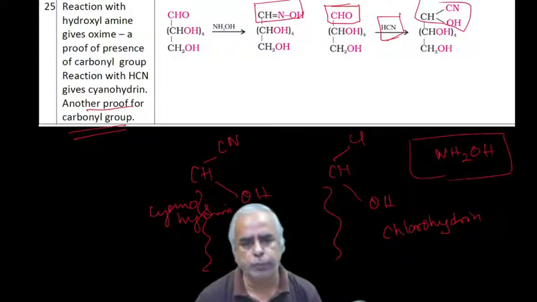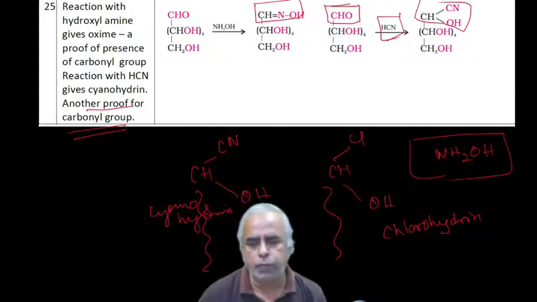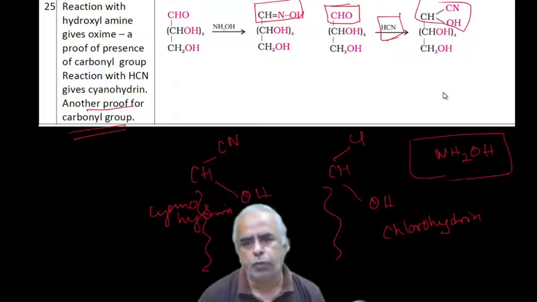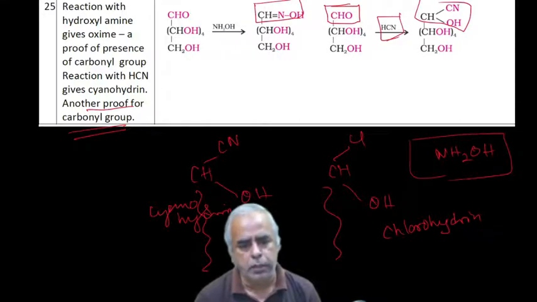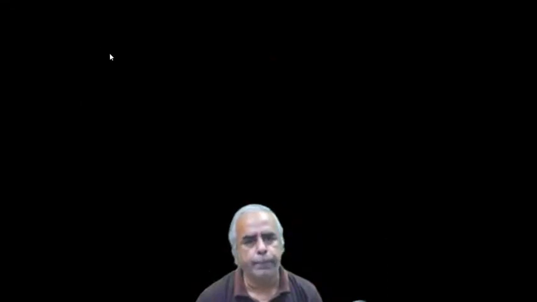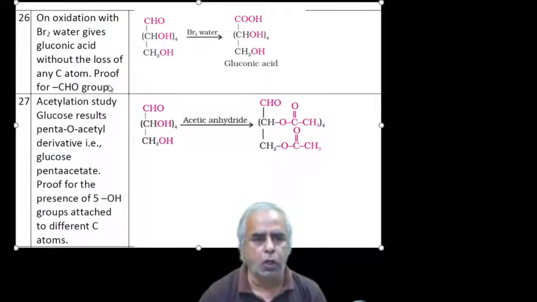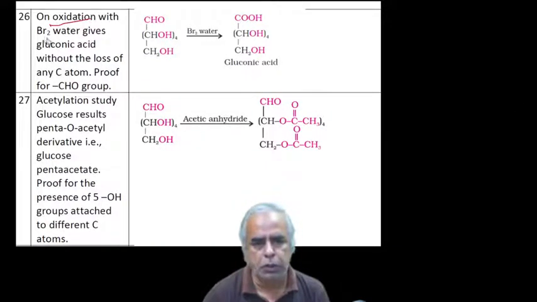Shall I move to the next one? The next evidence was to prove the presence of 5 hydroxyl groups. The oxidation with bromine water gives gluconic acid.